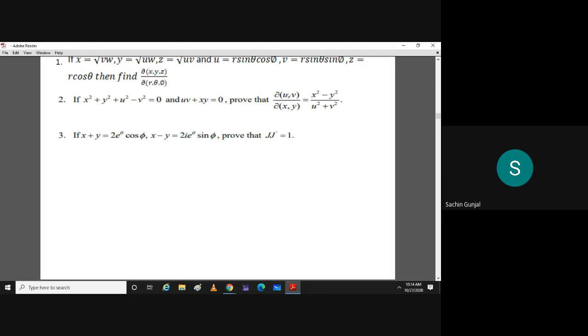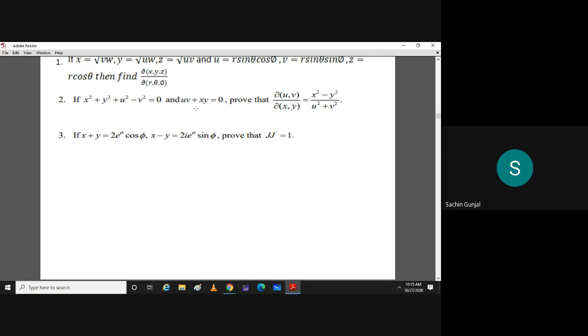And the question is, Jacobian of uv with respect to xy is x square minus y square upon u square plus v square. This is what you have to prove. Now you can check that you can't write u as a function of xy explicitly, or v as a function of xy explicitly.